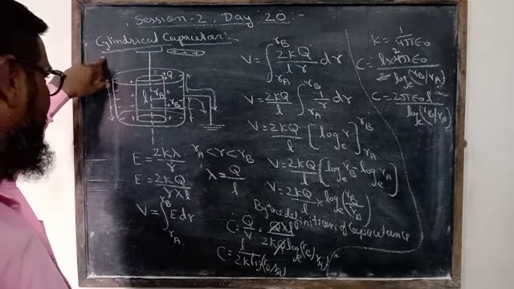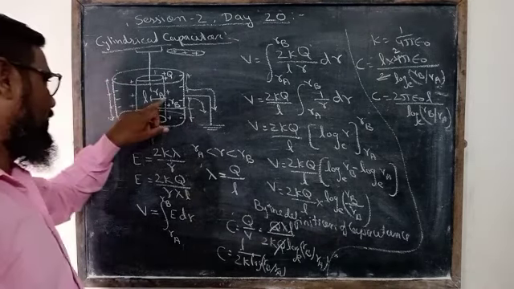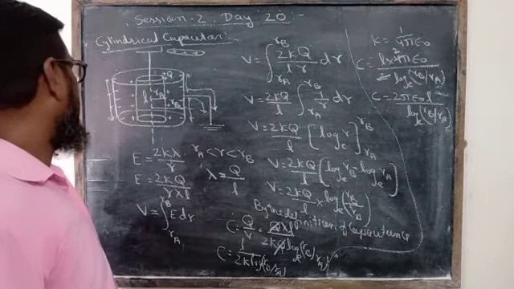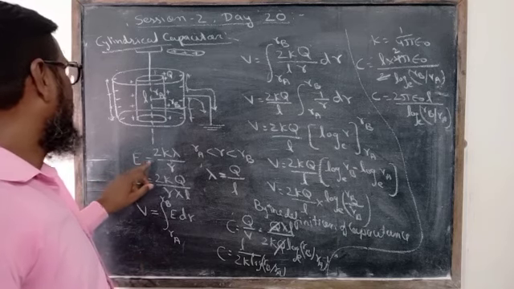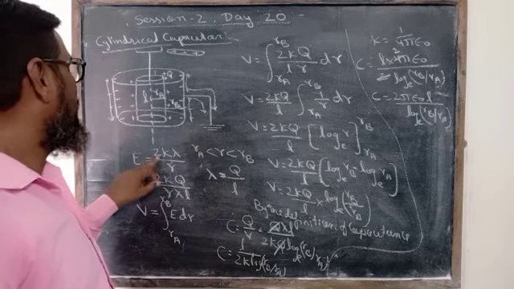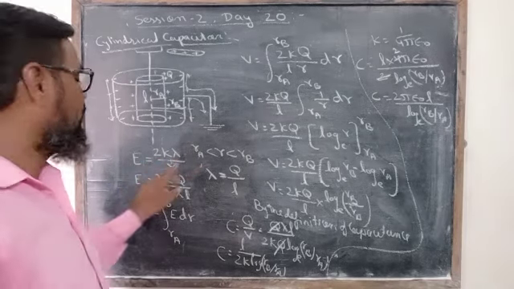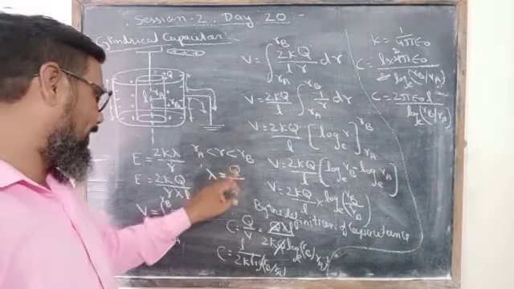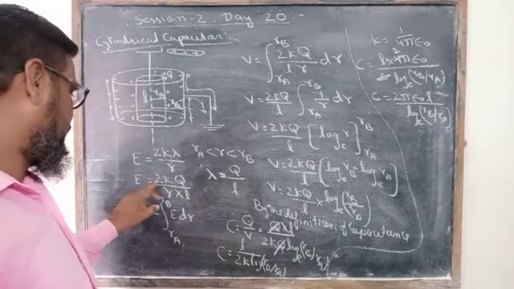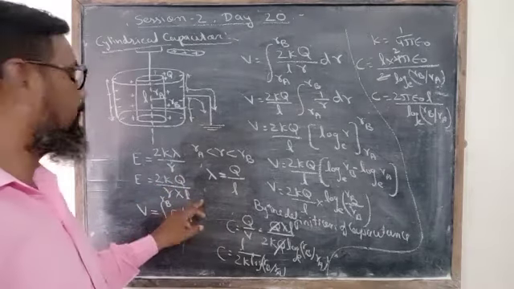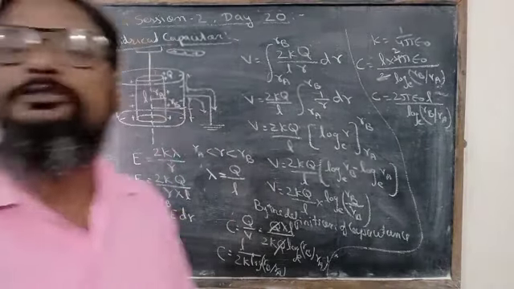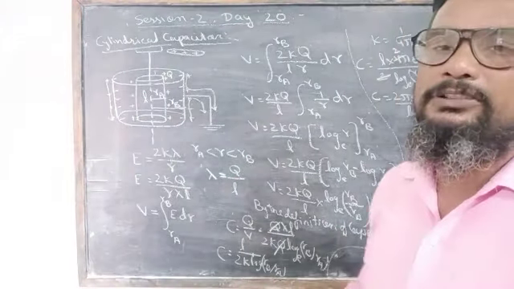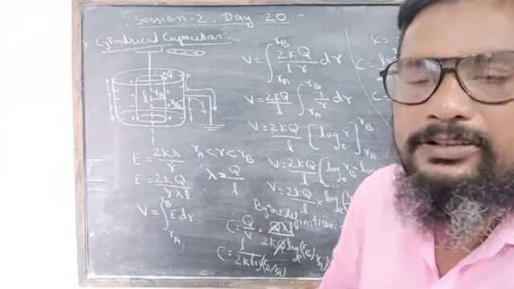Again, I am explaining: between RB and RA, we consider a certain distance R at which the electric field intensity E is equal to 2K lambda upon R, where lambda is the linear charge density, Q by L. So E is equal to 2KQ upon R into L. Now we know that E is equal to dV upon dr in magnitude. The actual relation is E is equal to minus dV upon dr, but here we consider only the magnitude.